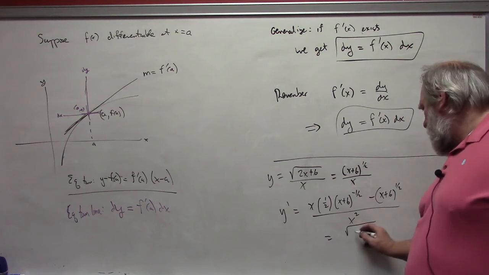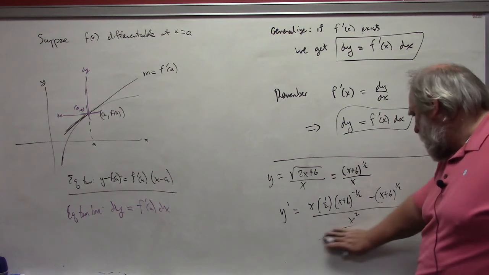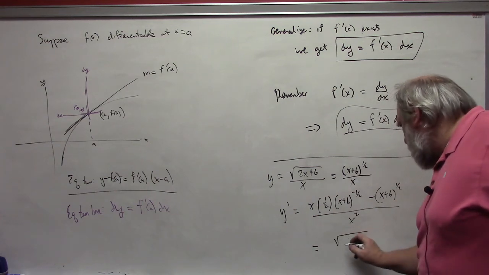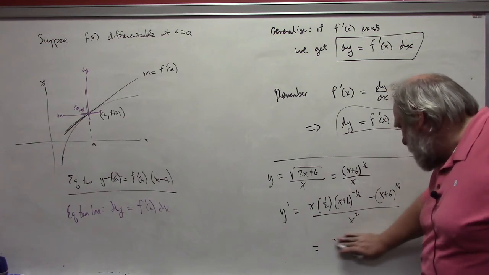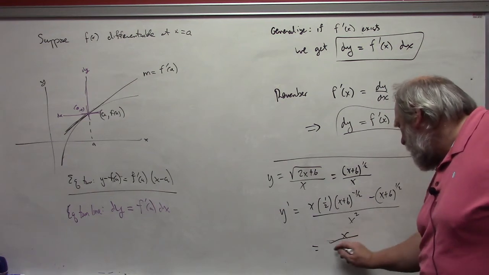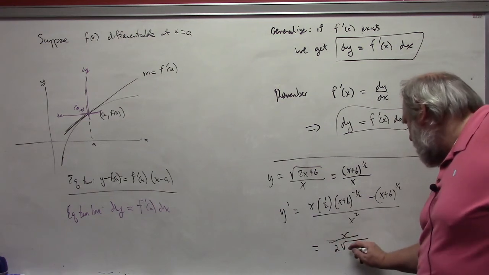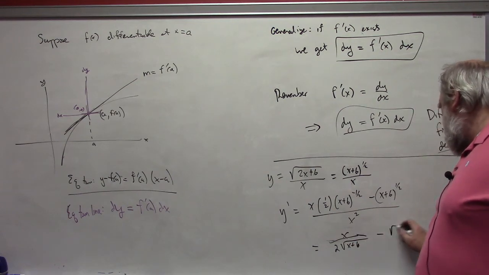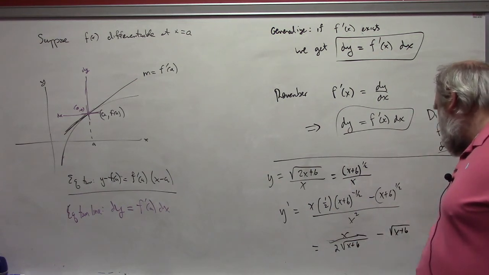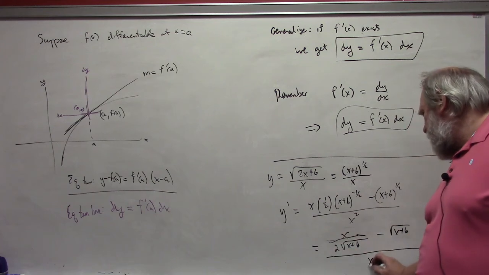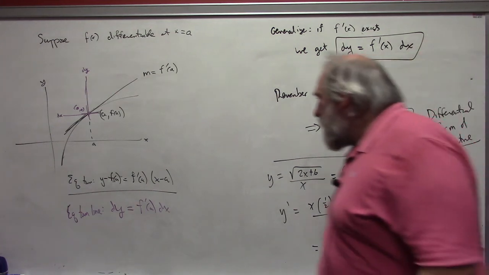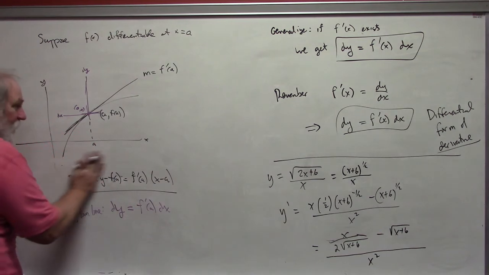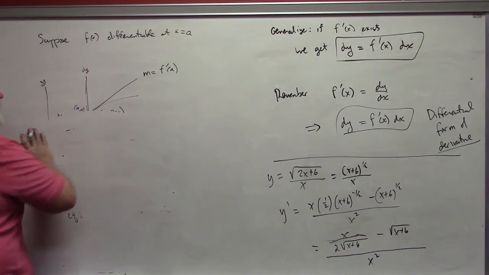Or this gives me x over 2 square roots of x plus 6, minus the square root of x plus 6, all divided by x squared. Let me go over here, and I guess I'll erase my picture. Limited board space can be a real pain.